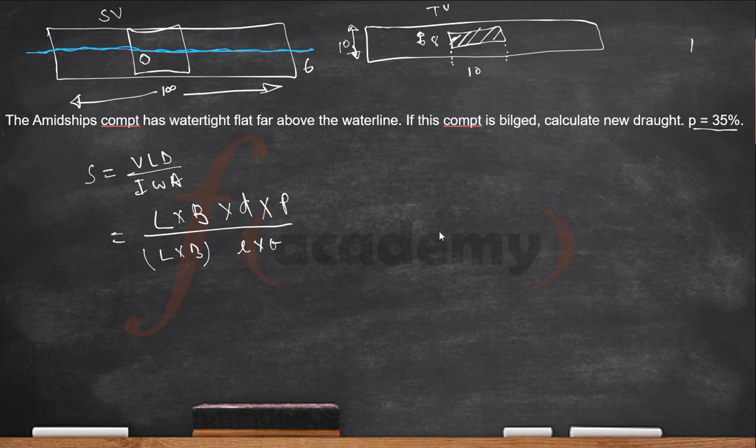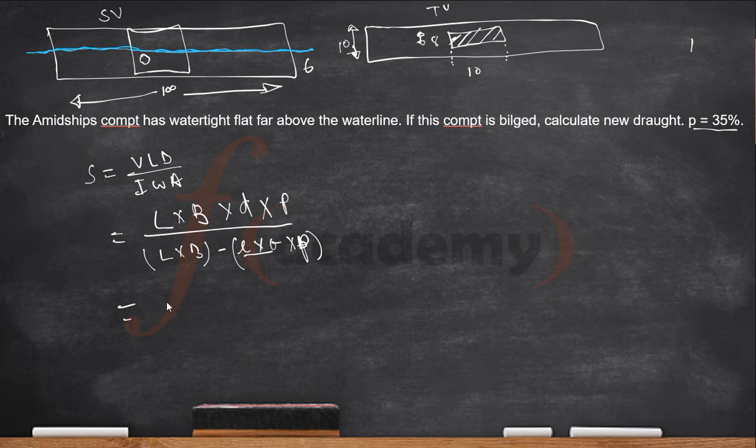But now the permeability of the cargo also affects the not intact water plane area. This one is not intact, you should see water here, but because of the permeability, you are only going to see 35% of it. So we subtract here, then we do the substitution.